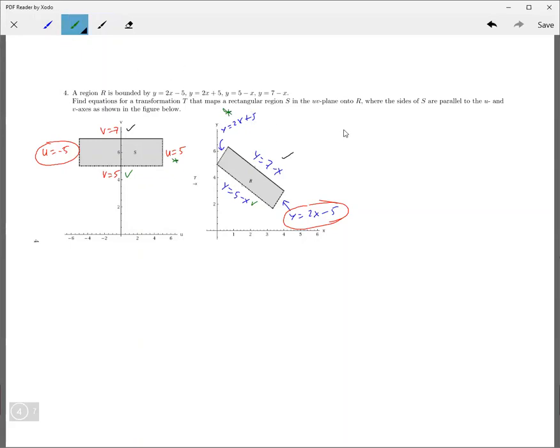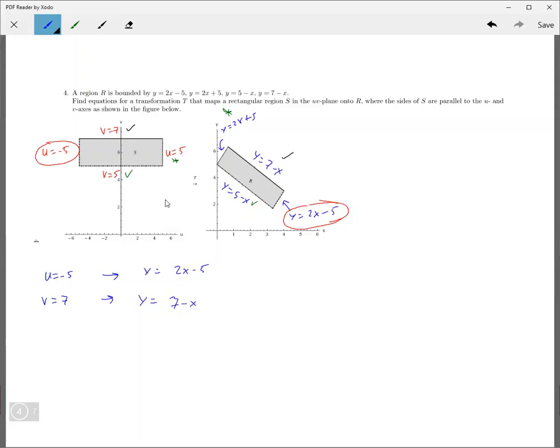So let me try to summarize that. This u equals -5 is going to have to transform to this one right here, y equals 2x minus 5. And this one, v equals 7, is going to have to go to y equals 7 minus x.